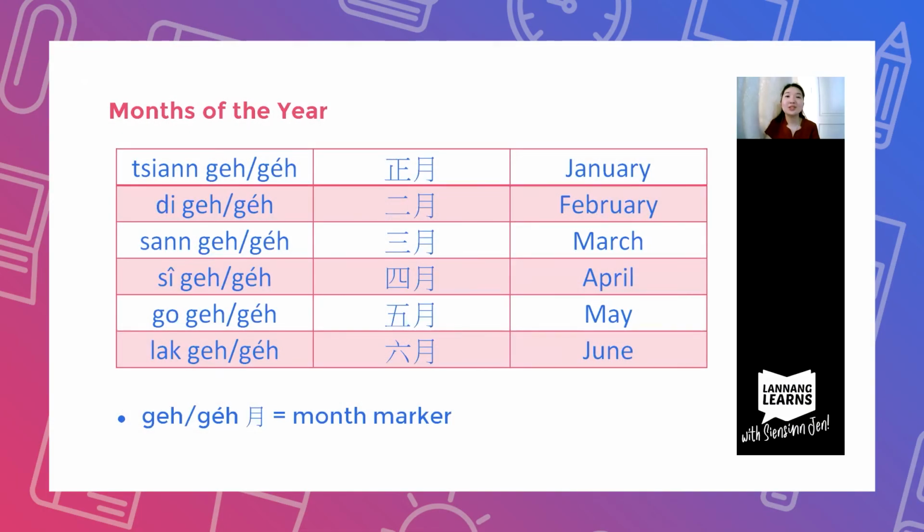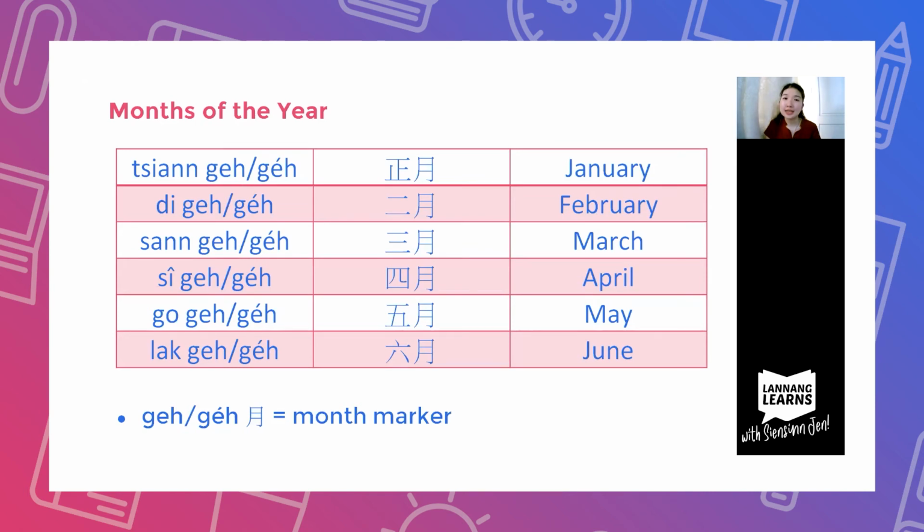Let's now move on to the months of the year. The word ge is a month marker. So we say siage for January. Then from February up to December, we just put the number according to its order in the months of the year.